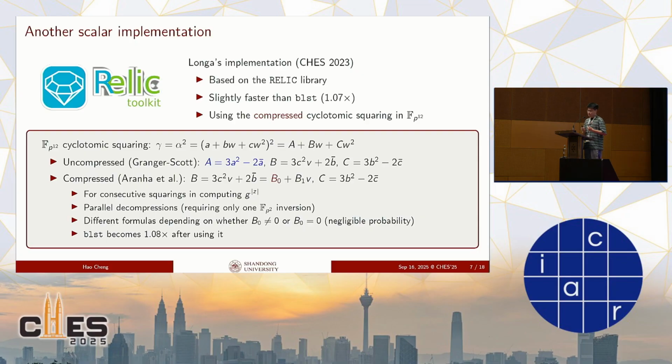The case that B0 equals 0 has negligible probability, so in the practical implementation of the RELIC library, this case is not considered. If we apply the same strategy and use the same compressed cyclotomic squaring implementation in BLST, then BLST becomes slightly faster.